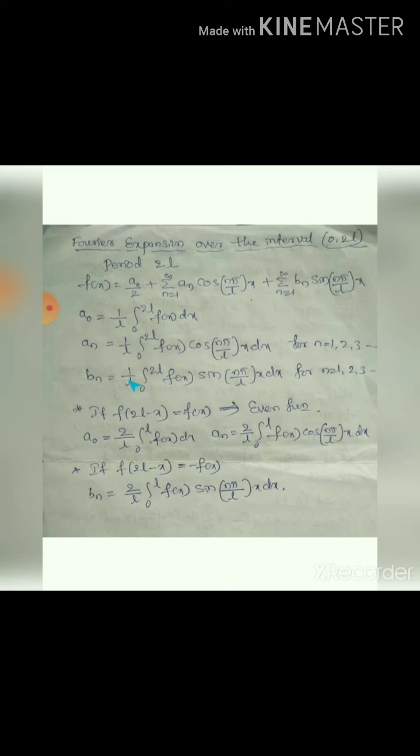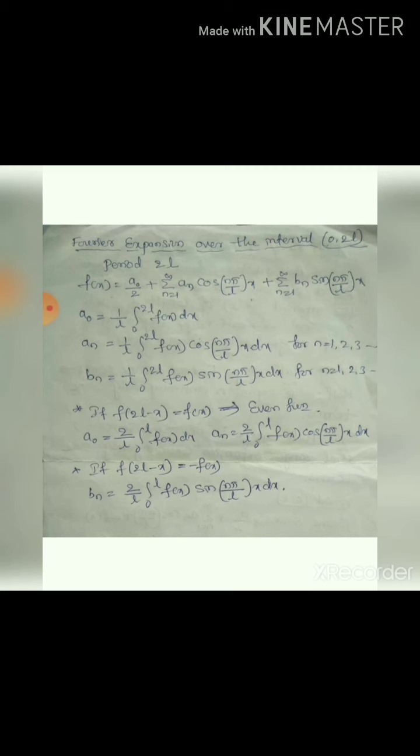An equal to 1 upon l integration from 0 to 2l f of x cos n pi by lx dx for n equal to 1, 2, 3 and so on. Bn equal to 1 upon l integration 0 to 2l f of x sin n pi by lx dx for n equal to 1, 2, 3 and so on.